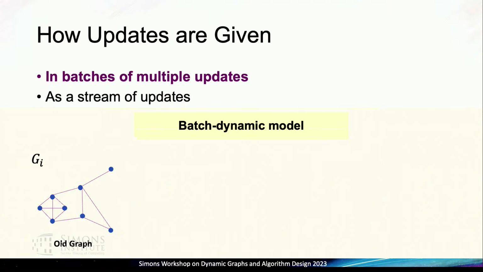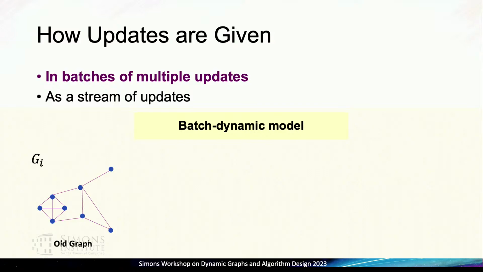The other question is, how are the updates given to our dynamic graph? When you're given updates sequentially, you're given updates one at a time. But if a lot of these updates happen at the same time, you can batch together the updates in batches of multiple updates. So we generally talk about the batch dynamic model in this case.